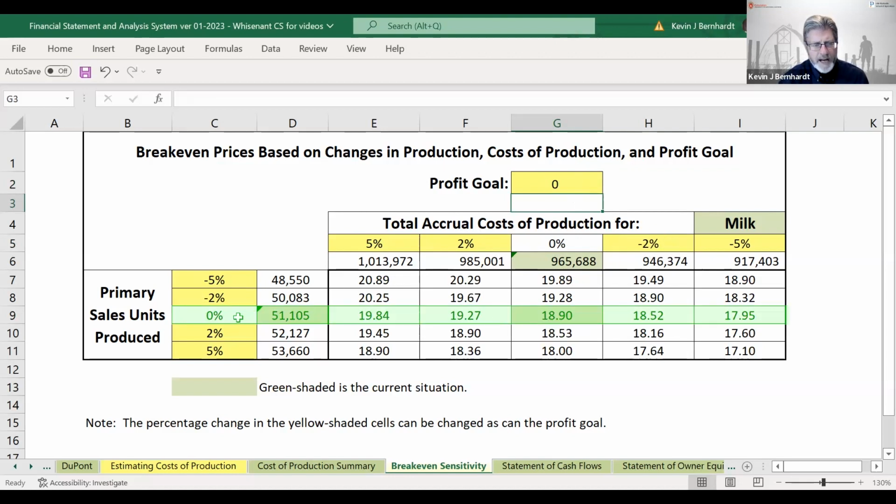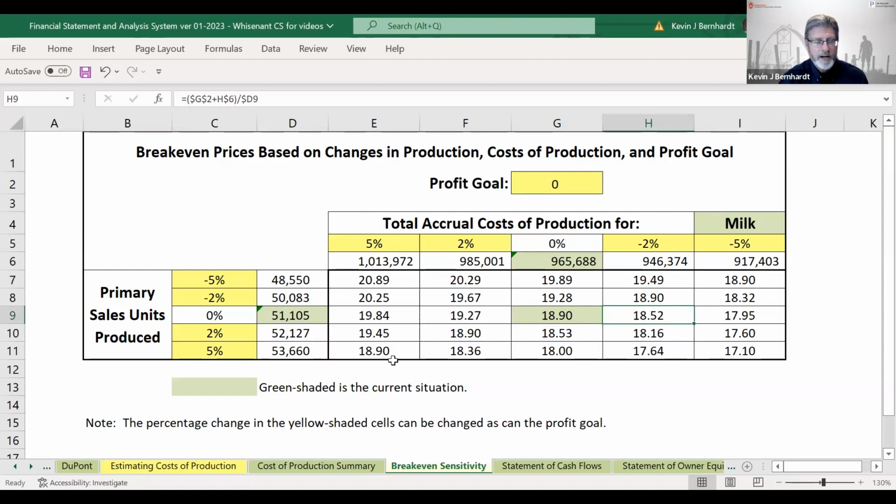If I'm at the same amount of production in this row where the 51,105 is, and I follow that across, then if I reduce my cost of production, now my break even is going to be $18.52 instead of $18.90.